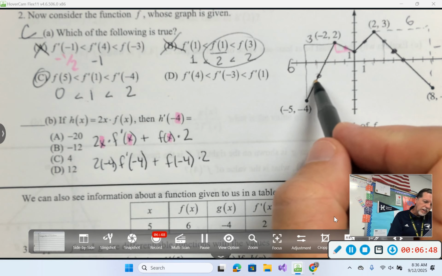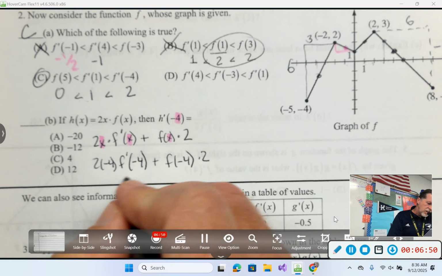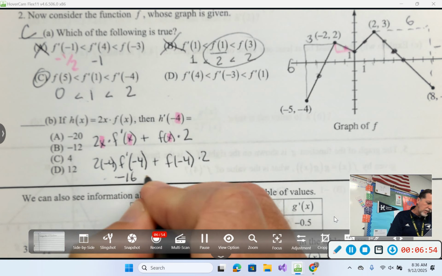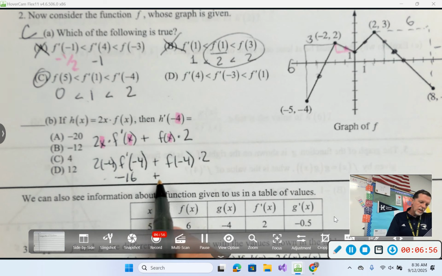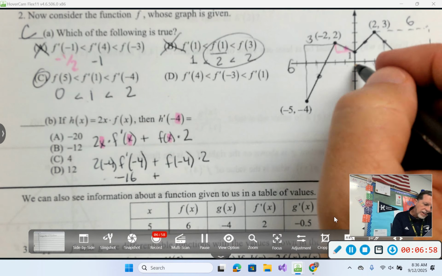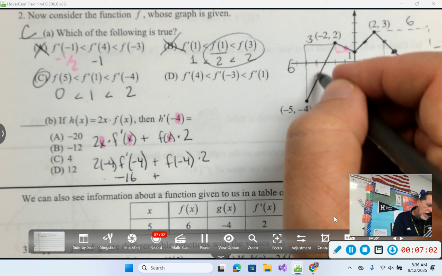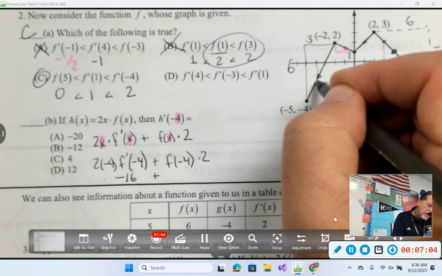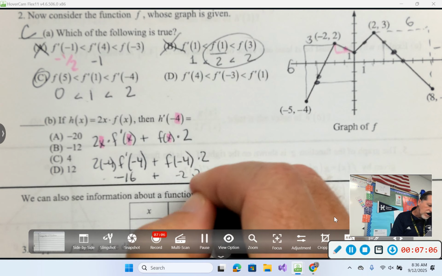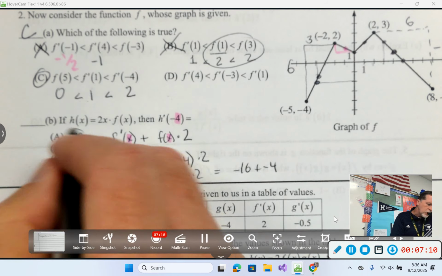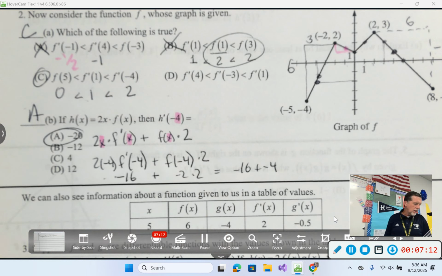Oh, we already found that, that's 2. So negative 8 times 2 is negative 16. F of negative 4, 1, 2, 3, 4, I think that is negative 2. So negative 16 and negative 4 make negative 20.